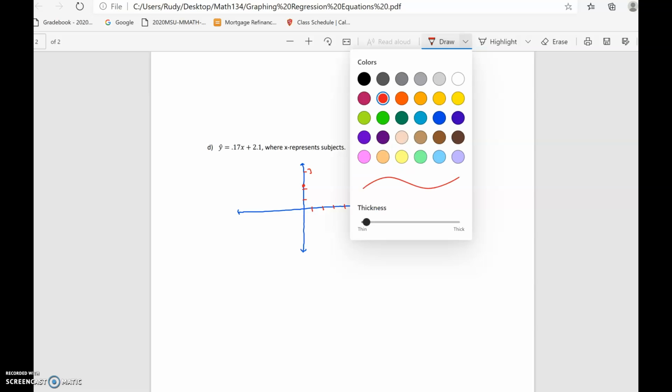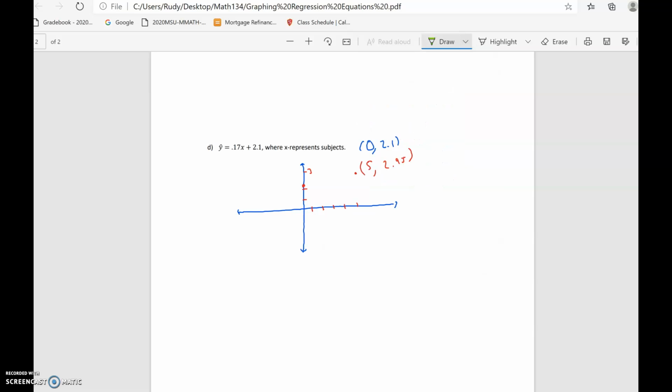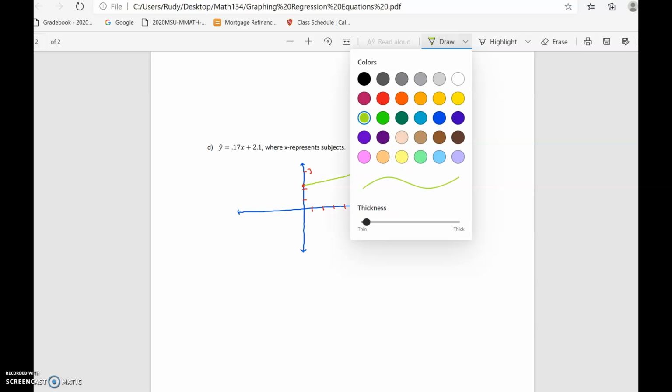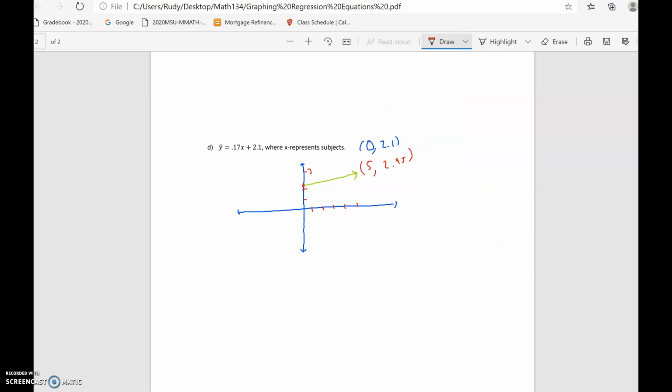And then our line, let me make it green. It's just going to be this portion here. I'm just going to put the arrow, which indicates that it's actually going into infinity. So that would be sufficient. You basically just get two coordinate points anywhere in space and plot them.